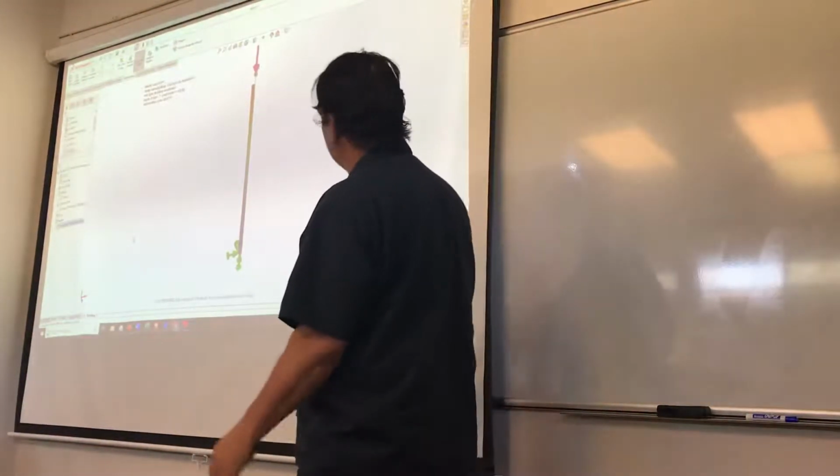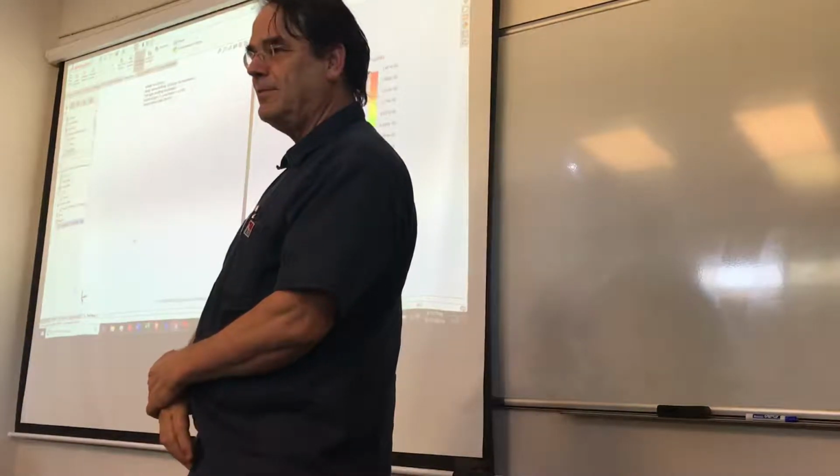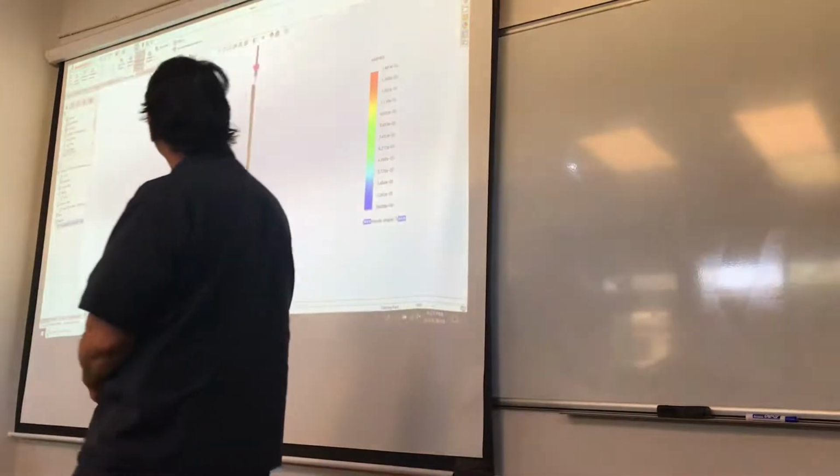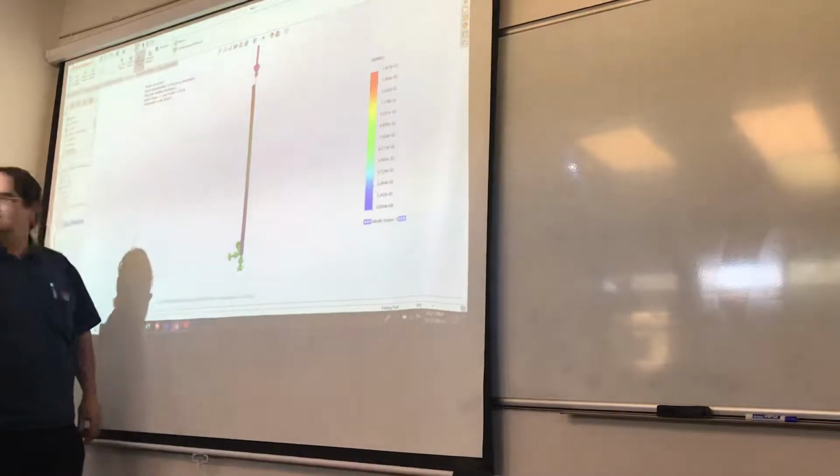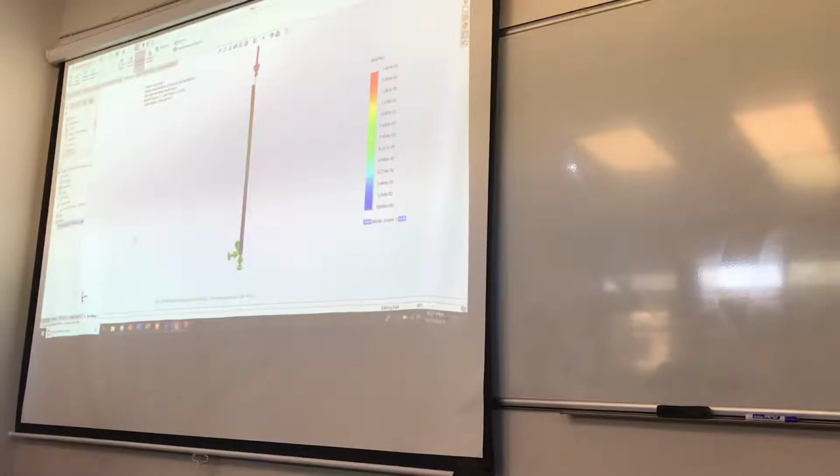Everything looks exactly the same, except my load factor is now 6.5795, which basically means I can increase the load by 6.57 times, and since I put 10,000 pounds on it, 10,000 times 6.57 gives me 65,000 pounds, which is right where I was at the beginning.